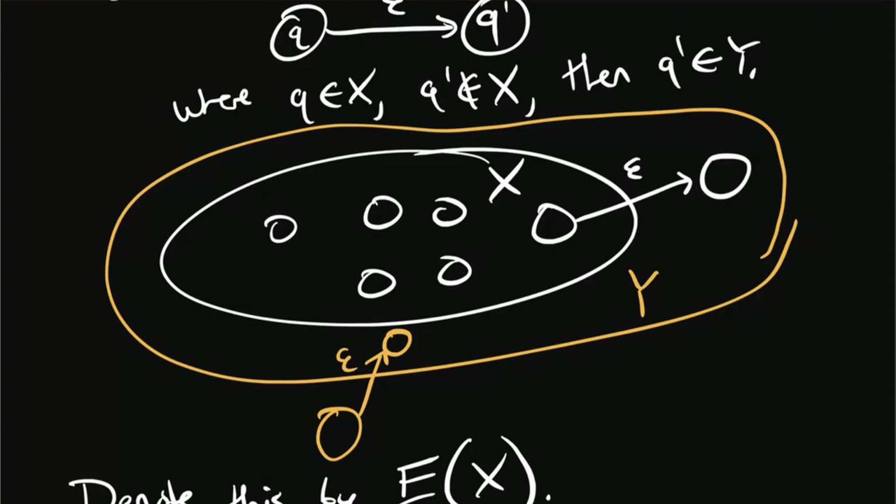The epsilon closure of just Q0 is the set Q0, Q1, because we just include everything else we can reach and keep building until we can't anymore. Any questions about this?